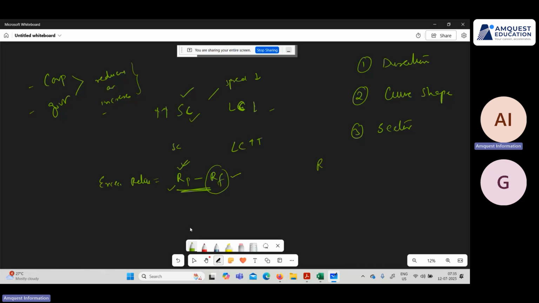So more risk, more return. So it means you would want more of RP, while the risk-free rate is still the same. So the spread widens. Isn't it?